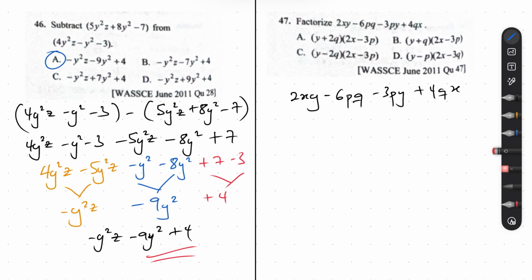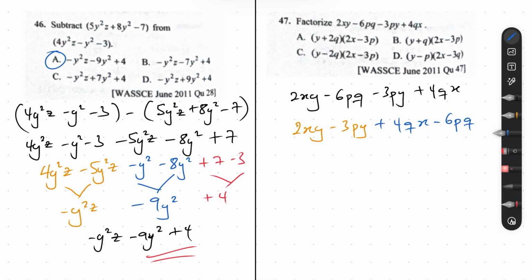Let's try to group the x terms. This is an x term here and the x over here, and then we group the p terms. Or we can group the y terms and then we group the q terms. That also works, right? So let's do that instead. 2xy minus 3py, then we'd have plus 4qx minus 6pq.